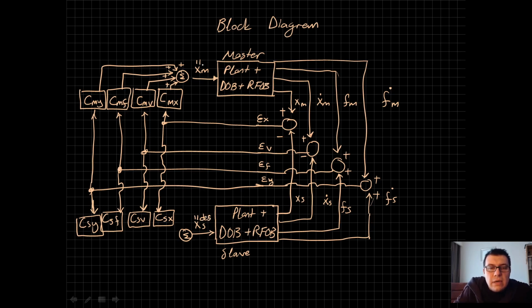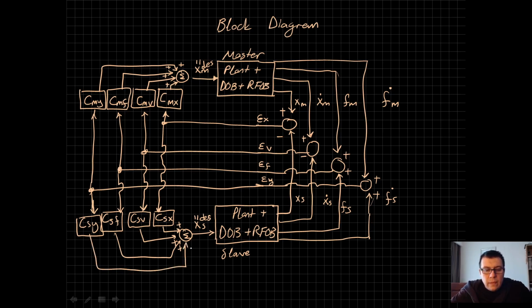Don't forget these are desired values. That's with a plus sign, another plus sign, another plus sign, and finally another plus sign. So that is the block diagram of your controller.